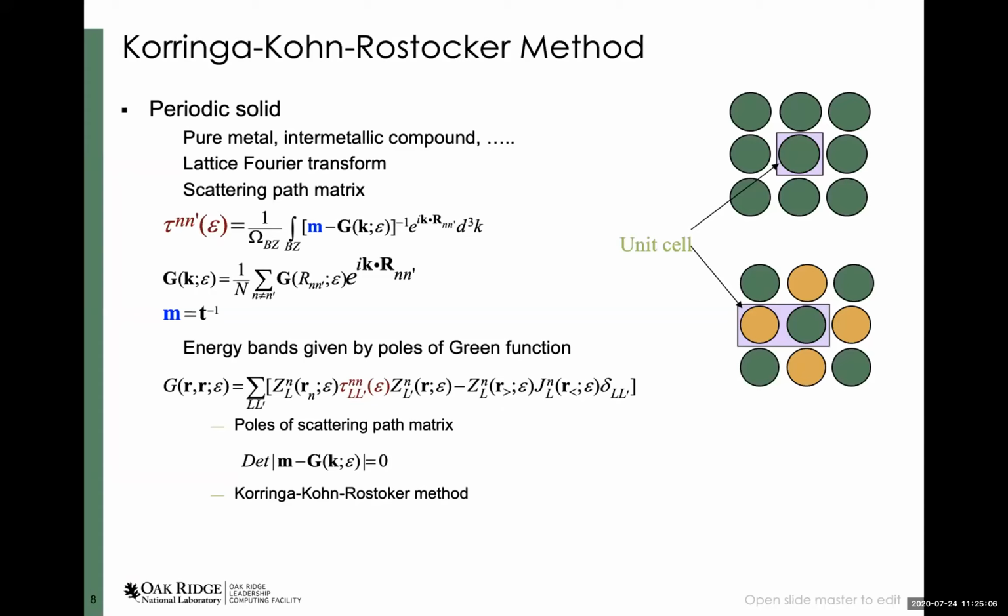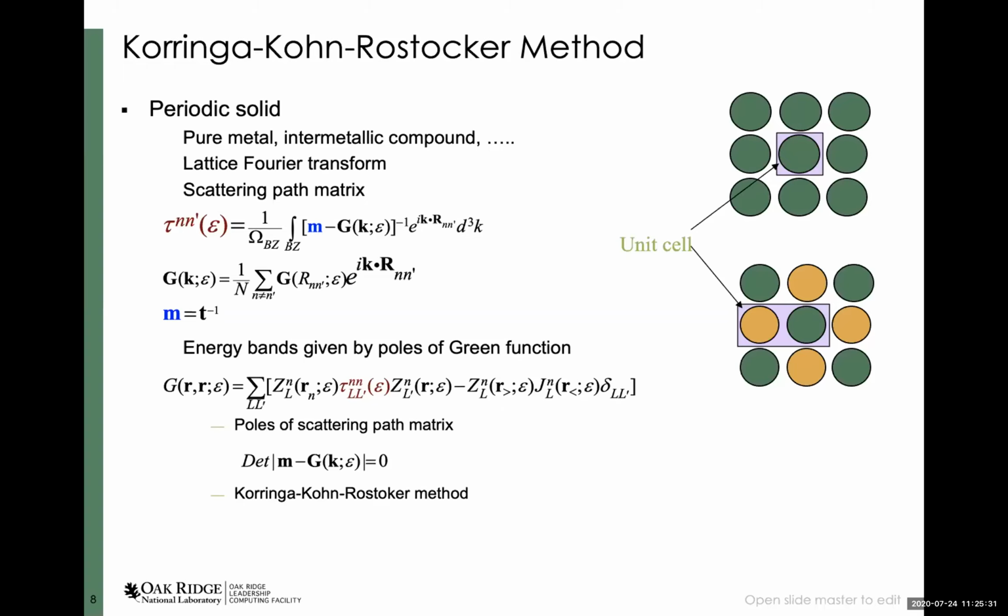What you do there is say the system repeats periodically. You do a lattice Fourier transformation of the system and can solve for all of these lattice points to find the solution.